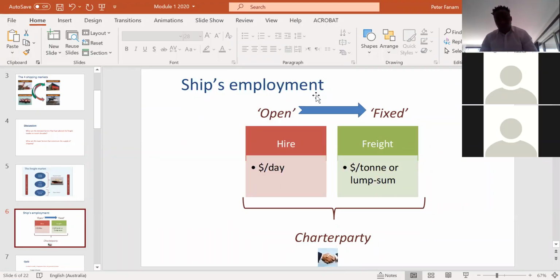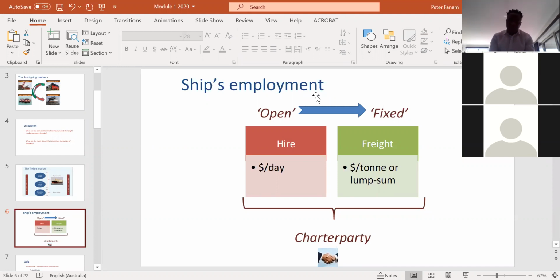So with ship employment, there are two things that happen. When the ship owners are coming into the freight market with empty ships, looking for cargo to carry, we say the ship is open, or it's open for trade.